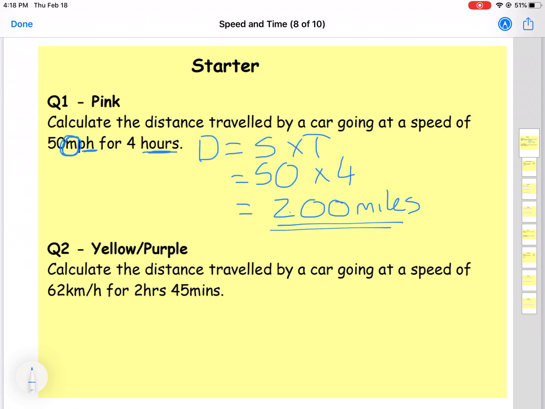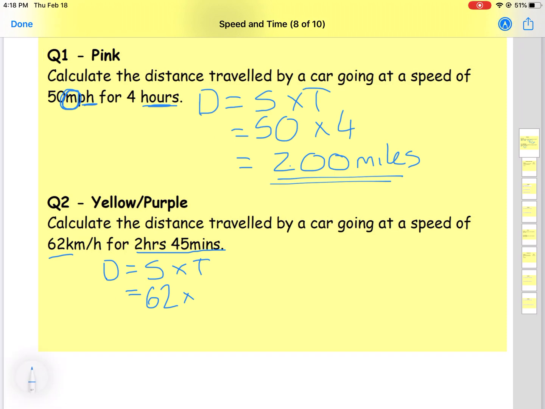Question 2, we are still doing the same formula. In this case, we're told the speed is 62 kilometres per hour, so that's 62. Our time is in hours and minutes, but we must change that into just hours so that it matches up with our kilometres per hour.